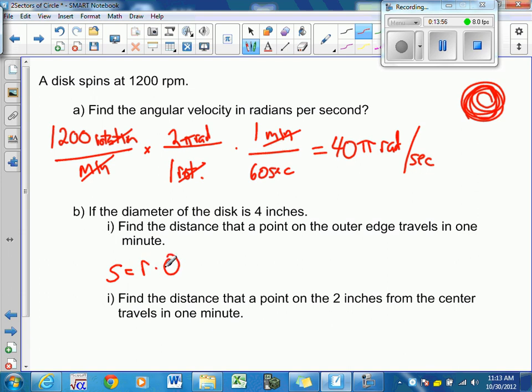What's our angle? Well, we have 40 pi radians per second. I'm going to do it in seconds first. If I take 40 pi radians per second, 60 seconds is 1 minute.